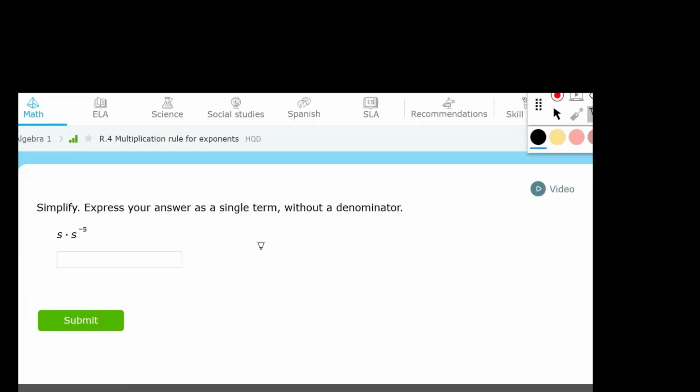Here's another example. Here we have s times s to the negative fifth power. Now first, remember, when we say s, we really mean s to the first power here. Again, what is our similar base here? It's s. And our exponents are 1 and negative 5.